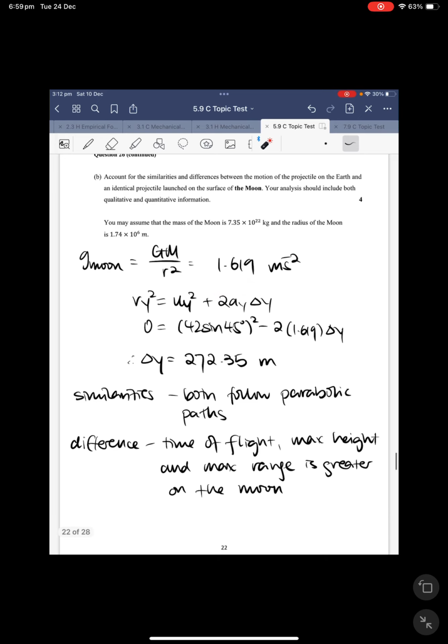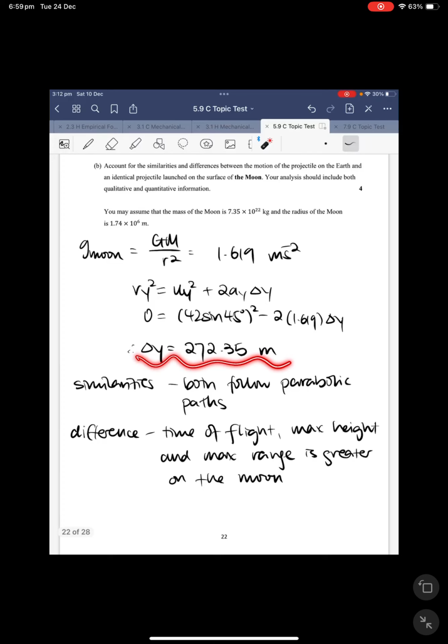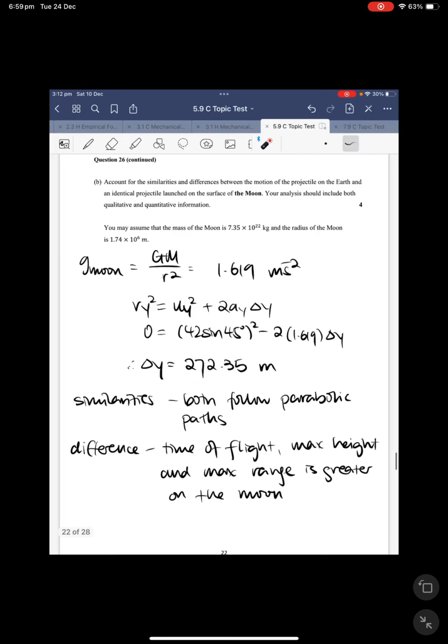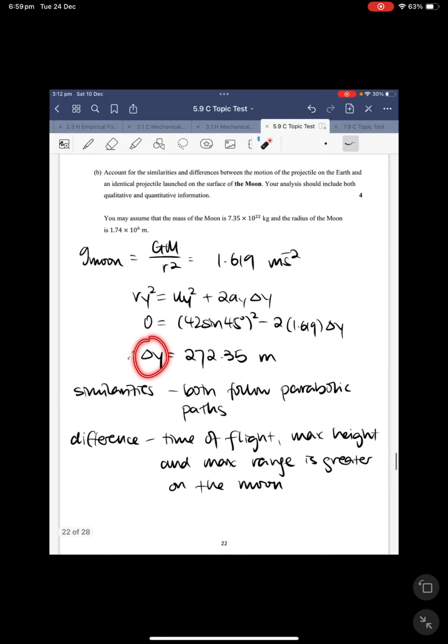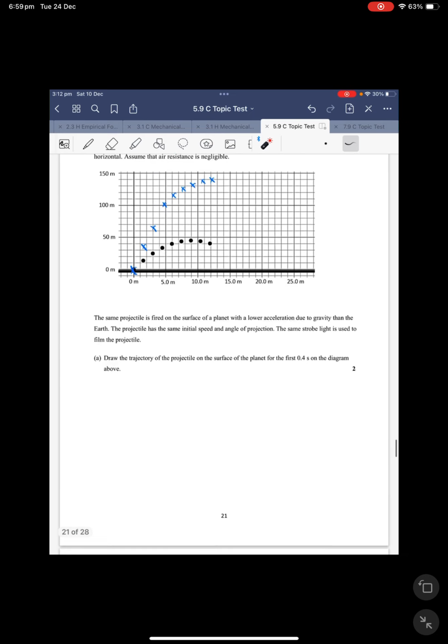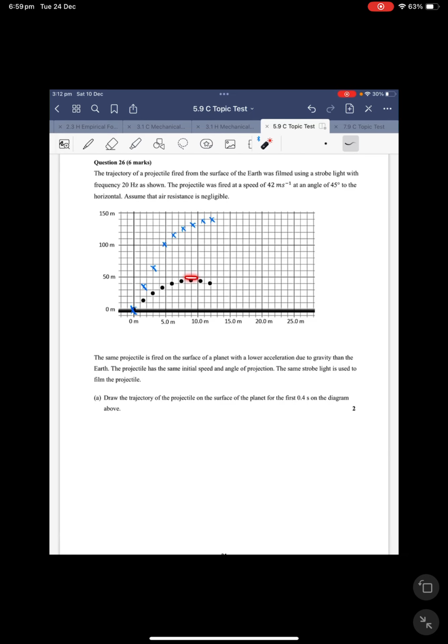And so we can now find the max height that the projectile reaches using our formula v squared equals u squared plus 2as, noting that at the max height the vertical velocity is equal to 0. We can substitute all our other values in, and you get that the max height is going to be 272.35 meters, which is significantly higher than whatever max height we had here, which is not even 50 meters.